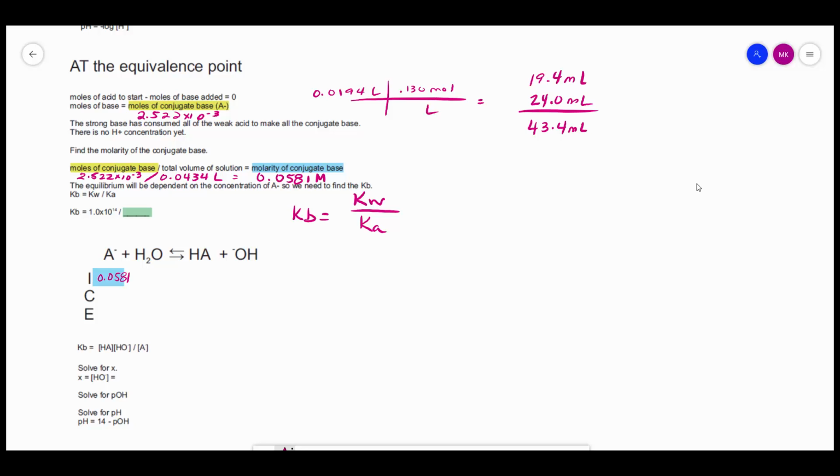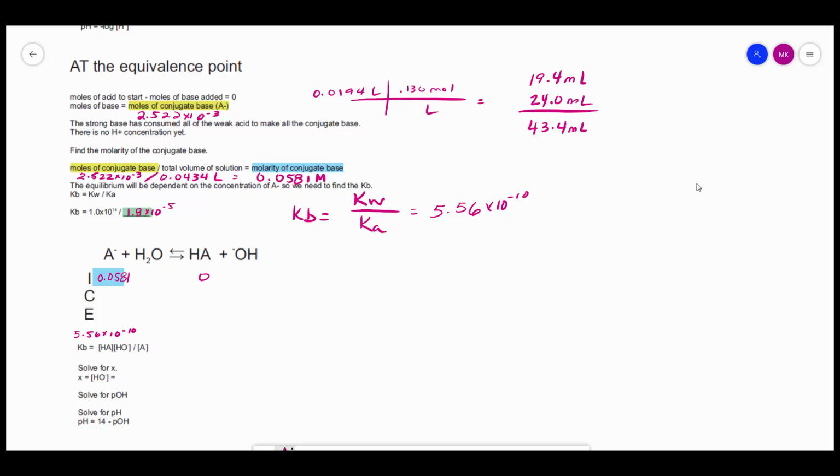Remember, Kw is defined as 1 times 10 to the negative 14 at normal conditions, 25 degrees Celsius. So we need our Ka value of 1.8 times 10 to the negative 5, and we're going to divide Kw by that value. Putting that in your calculator correctly, you should get 5.56 times 10 to the negative 10.